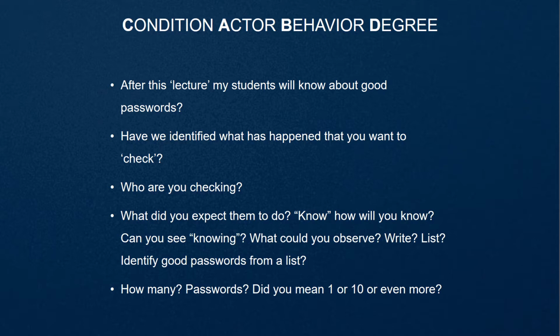So you see what seems like an okay objective: after this lecture, my students will know about good passwords. It really will be very hard for you to use that to plan your lecture and to measure how effective your lecture was.